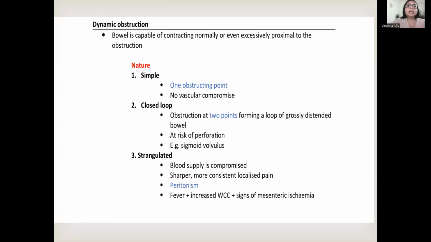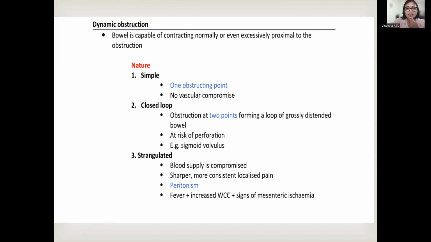So dynamic obstruction, the bowel is capable of contracting normally, which is not in case of adynamic bowel. And in dynamic obstruction, there is even excessive contractions, probably proximal to the obstruction. So what is that we observe on physical examination when there is excessive contractions proximal to the obstruction?